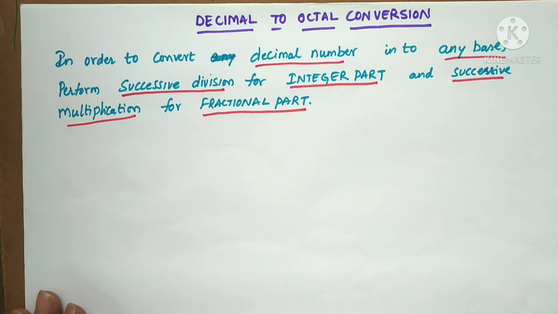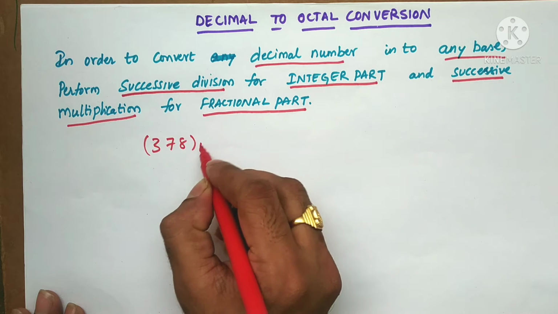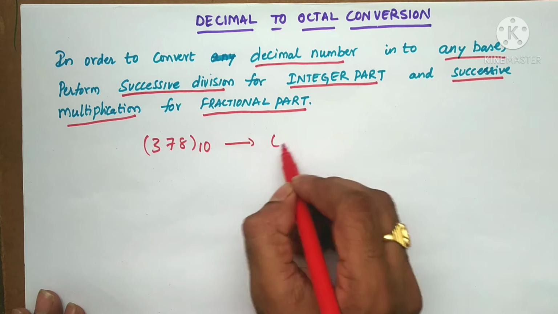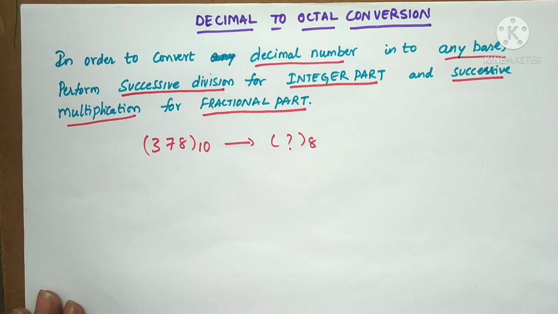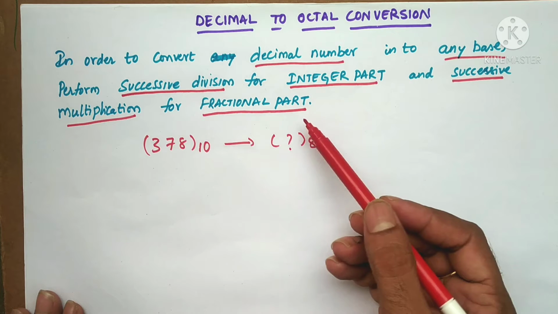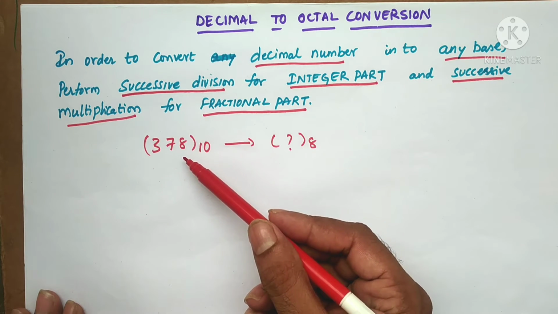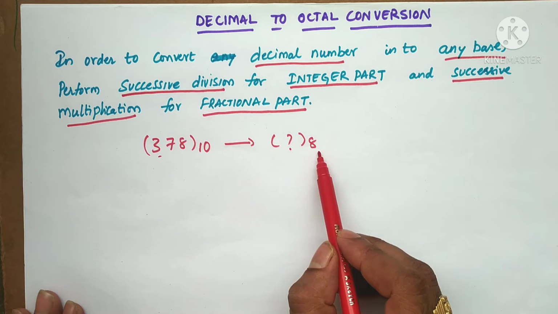For example, 378 base 10. We have to convert this decimal number into an octal number, base 8. Here there is no fractional part. There is only an integer part in this number. So you have to perform successive division of this number with base 8.